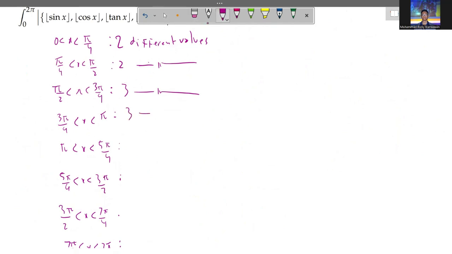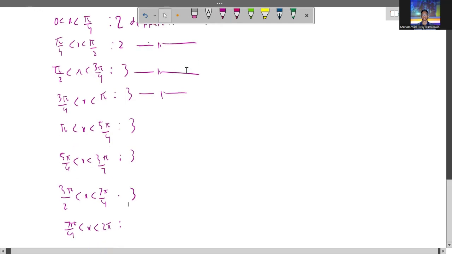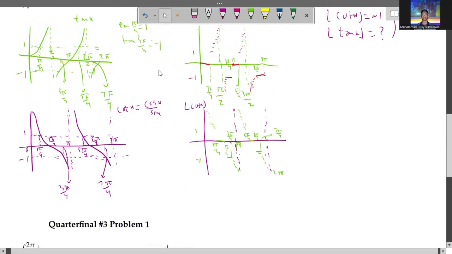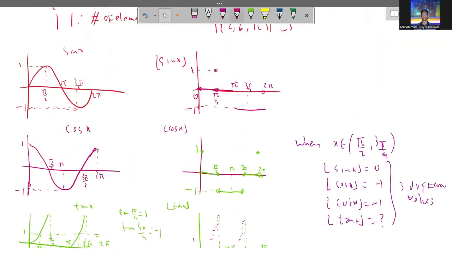And also, notice that here we don't need to worry about singular values. We don't worry too much about this kind of thing where the function takes a value at exactly 1 point, and then it goes back to 0 at the starting points.